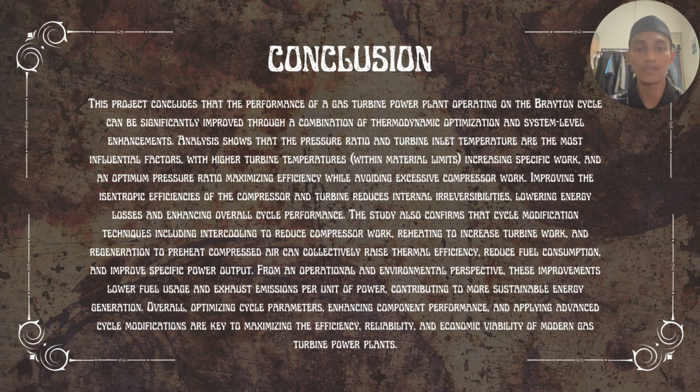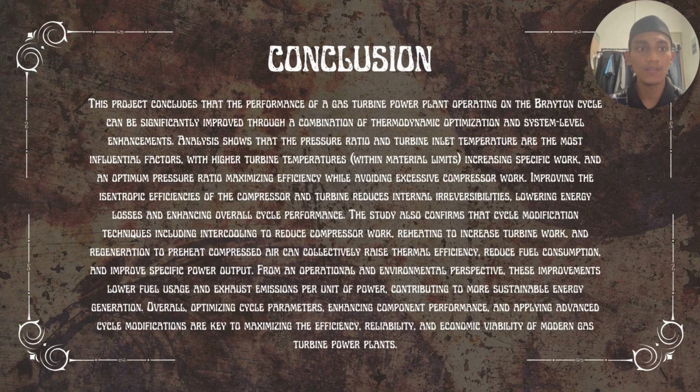The study also confirms that cycle modification techniques, including intercooling to reduce compressor work, reheating to increase turbine work, and regeneration to preheat compressed air, can collectively raise thermal efficiency, reduce fuel consumption, and improve specific power output.